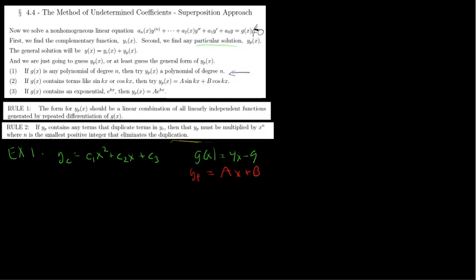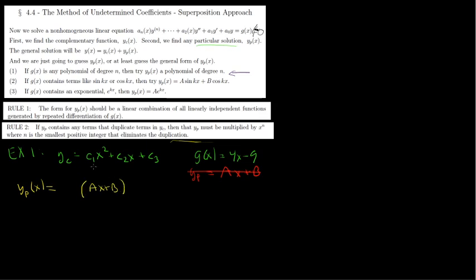So how do we resolve that? Obviously we know that doesn't work. So what does work here is the following: we're going to have to multiply what we ordinarily would think of as the particular solution by x to some power n. And that n is the smallest positive integer that eliminates the duplication. So this is going to be x to some power times ax plus b.